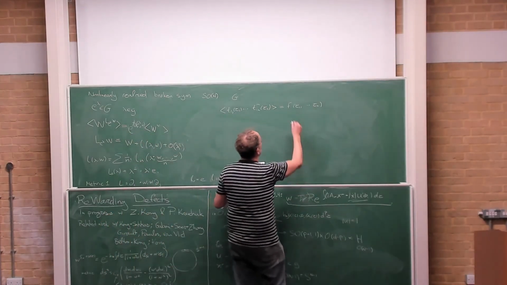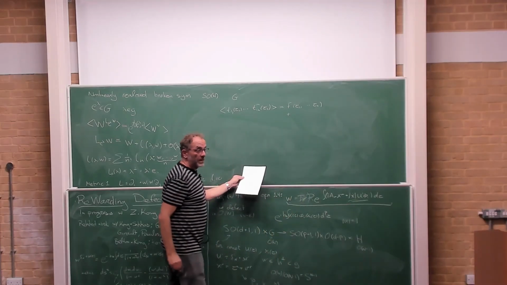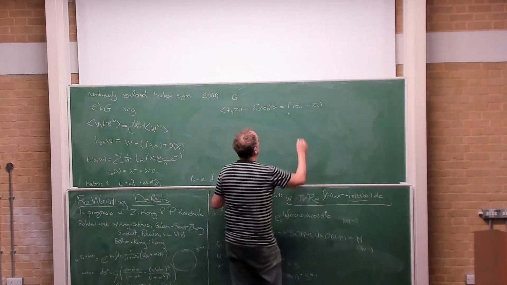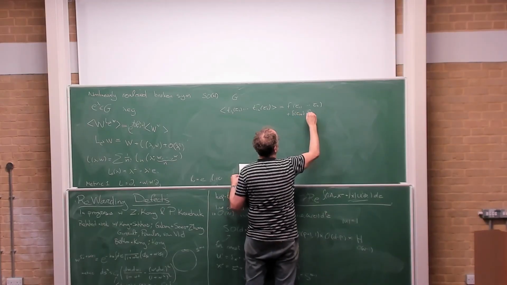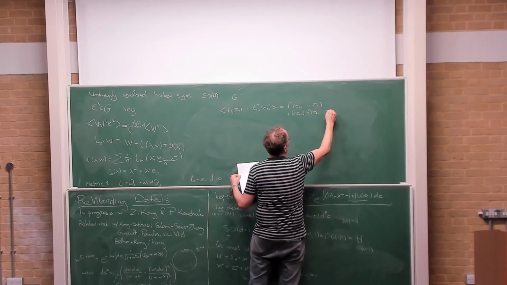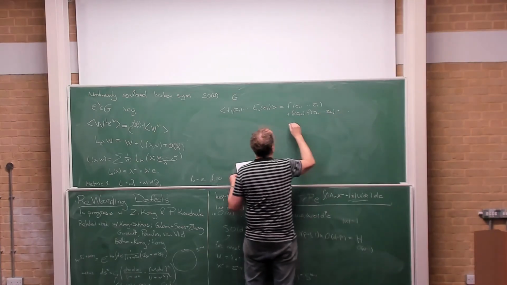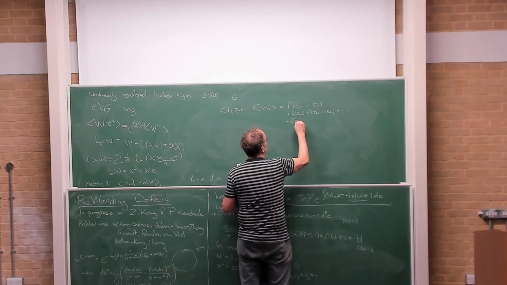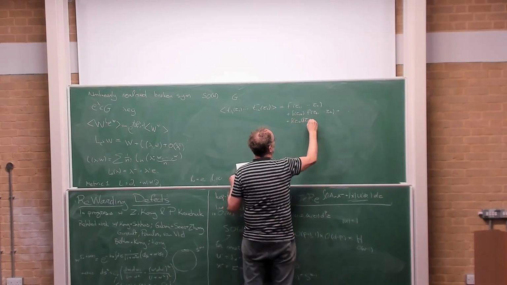So I will take this to be the functional part, at separated points. And then I'm going to have delta(tau_1 - tau_2) times a function of tau_2 to tau_k, plus other ones, plus delta(tau_1 - tau_2) delta(tau_1 - tau_3).